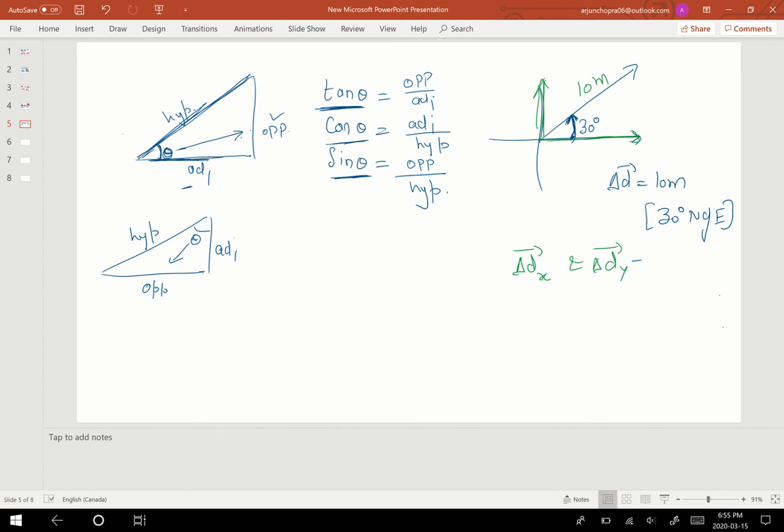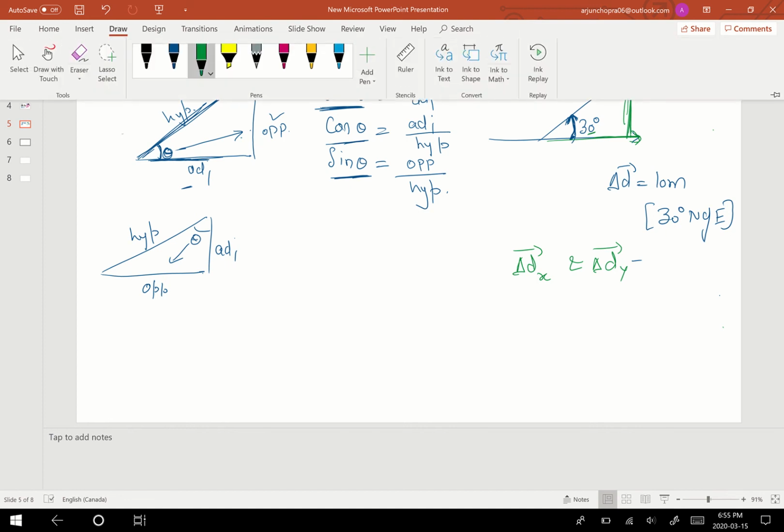This angle is 30 degrees. If I complete the right angle triangle, I can find this value. So rather than drawing it on the vertical axis, I'm going to pick it from here and move it to this end.